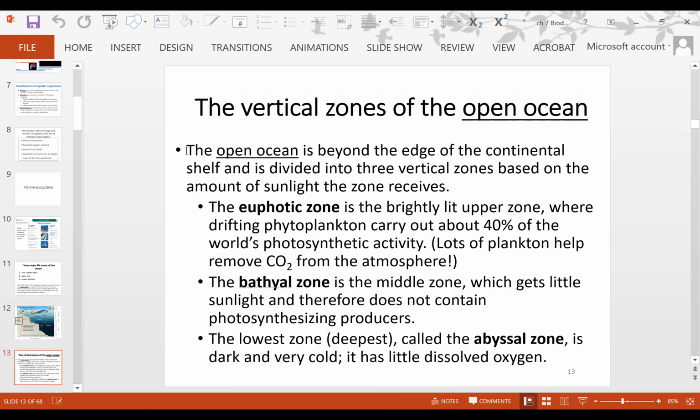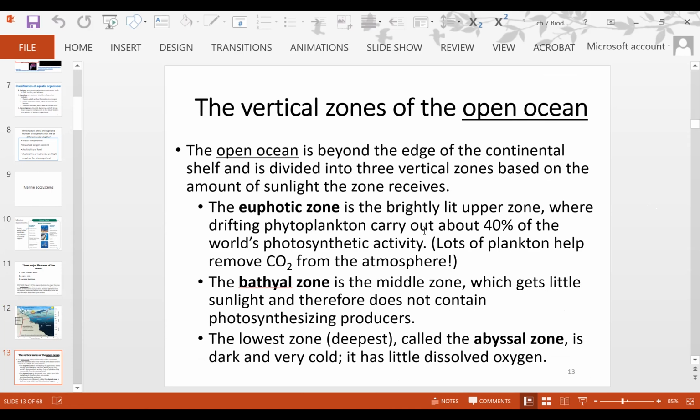And here are some more explanations. So again, the open ocean is where you have those three zones related to the amount of sunlight. The euphotic zone is brightly lit. You have lots of plankton that are using the process of photosynthesis to make their own food.